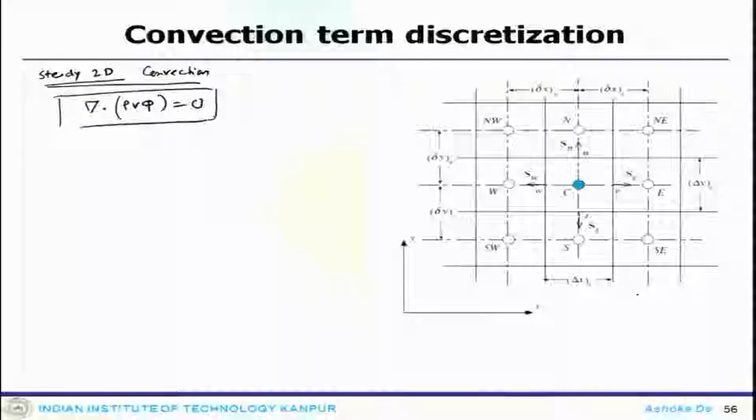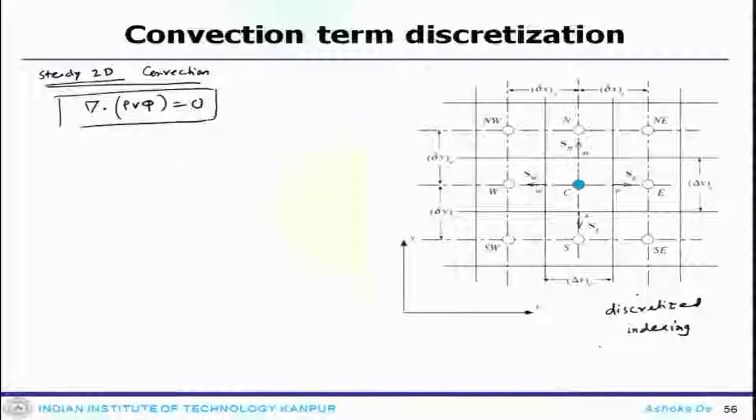Now, if you look at this particular stencil, or you can call it the discretized indexing, these are the terminologies that we have used in our lecture series from the beginning.